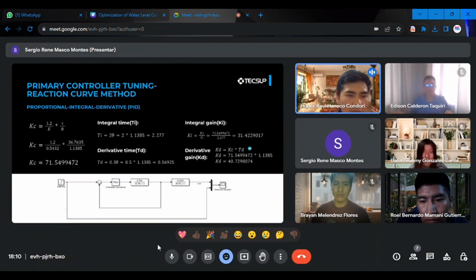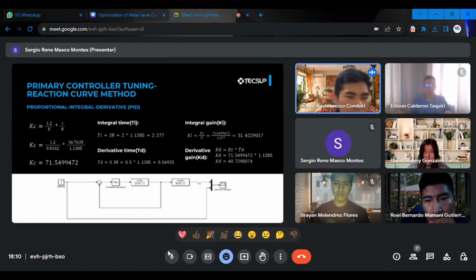Now we continue with the tuning. In this case, we use the primary controller tuning, the reaction curve method. This is the first method, Ziegler-Nichols. The control action is PID.